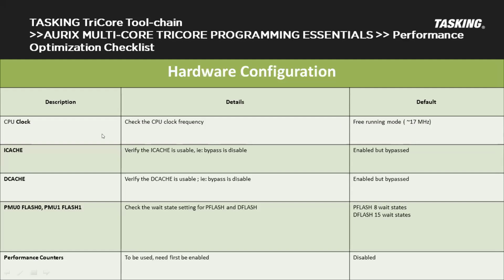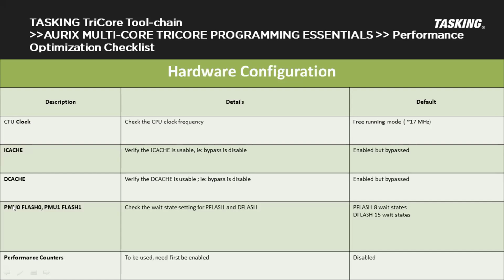And if you want to use the instruction cache or the data cache, please make sure that it is usable by your system. Please verify that the instruction cache is usable, because bypass is disabled. And it is the same case for the data cache as well: verify that the data cache is enabled, which means bypass is disabled.